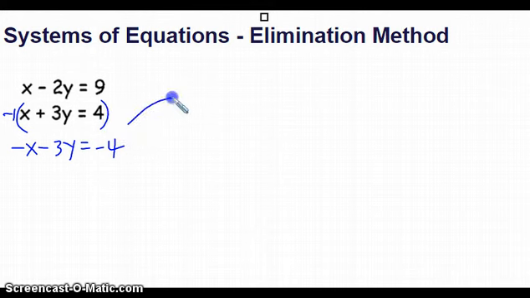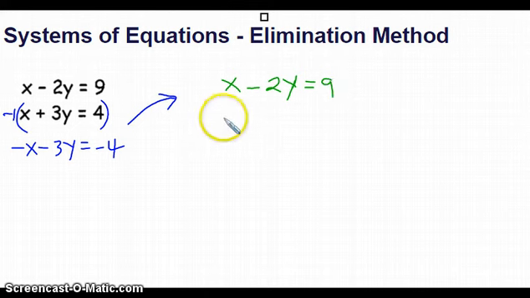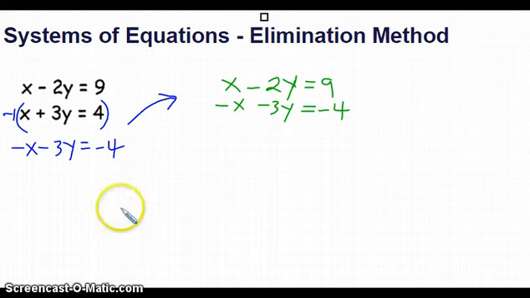Let's go over here, and now let's add these equations. So we have x minus 2y equals 9, and then we have negative x minus 3y equals negative 4. Okay, we're ready to combine them.